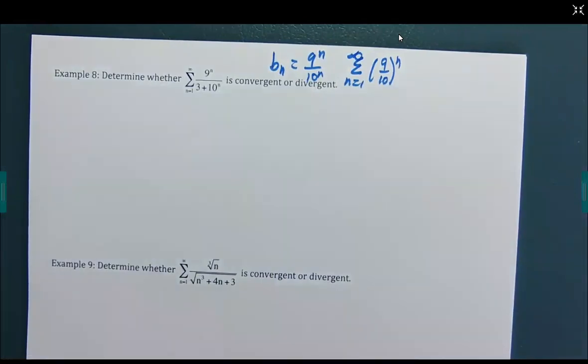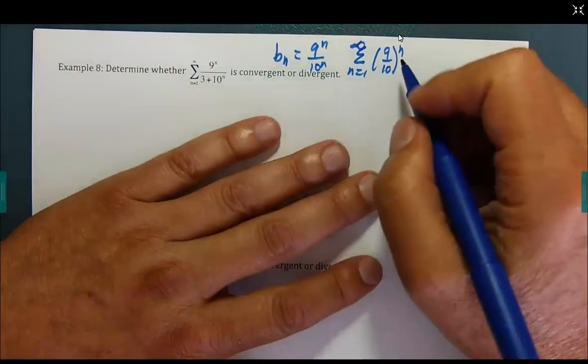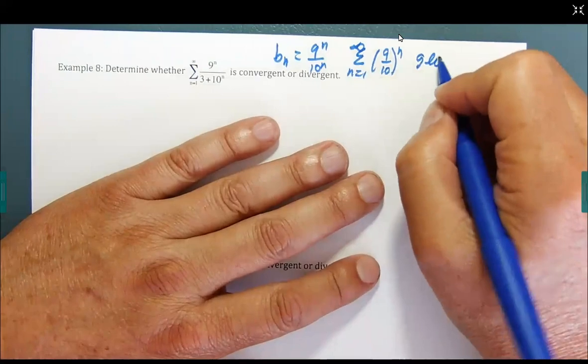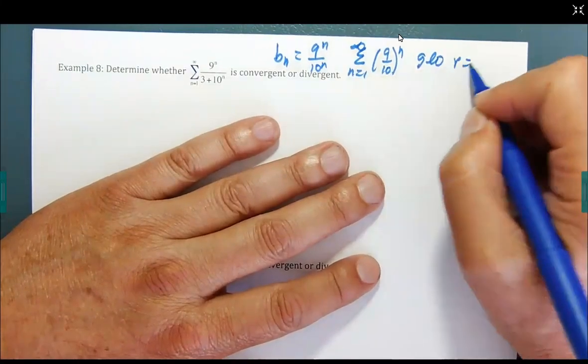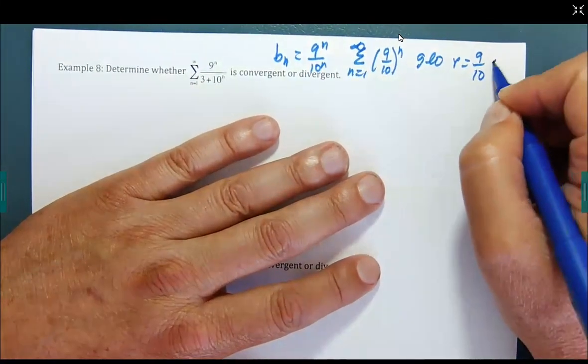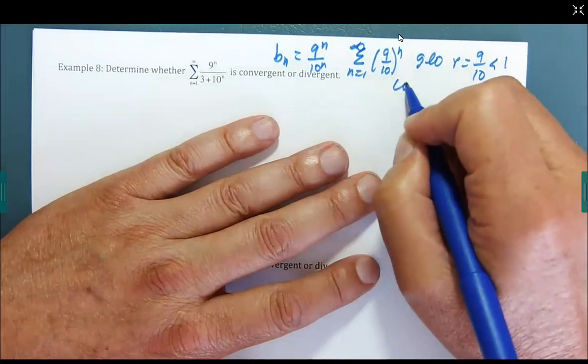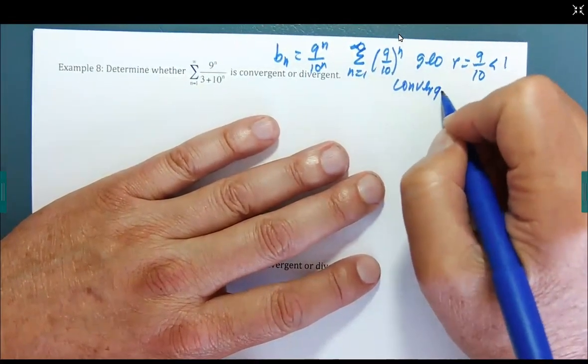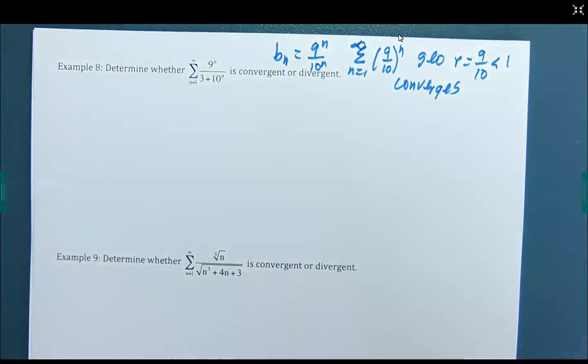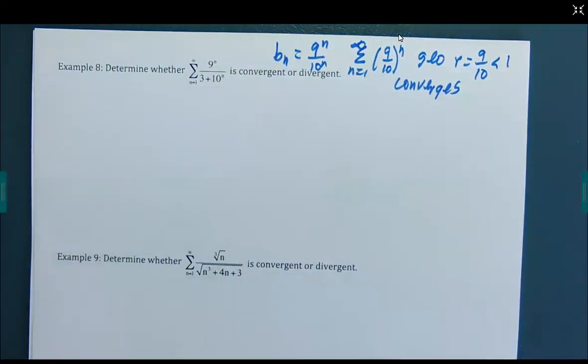Now, this is a geometric series. And r in this case is 9/10, which is less than 1. So this converges. So if this is a good comparison, then our original will be convergent.